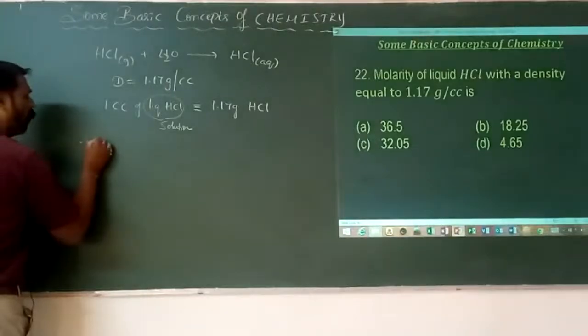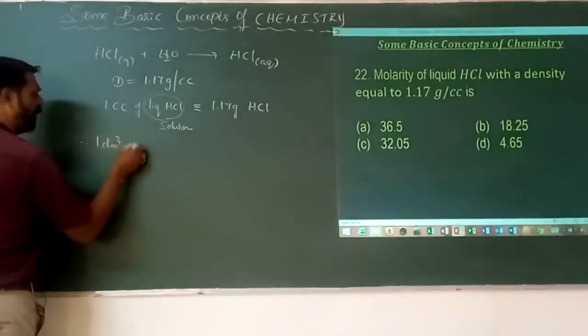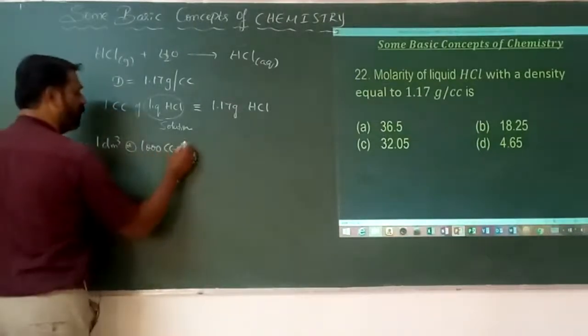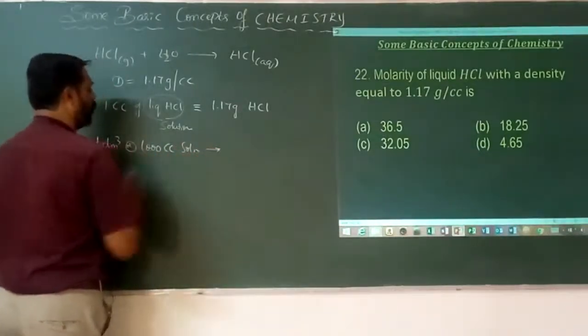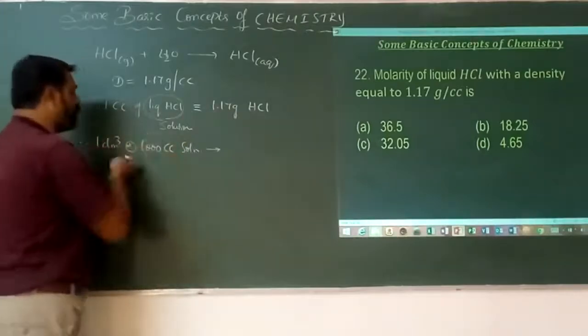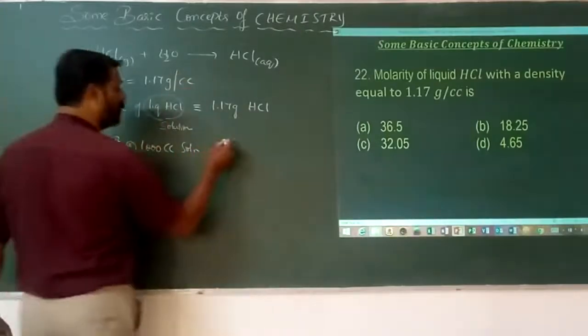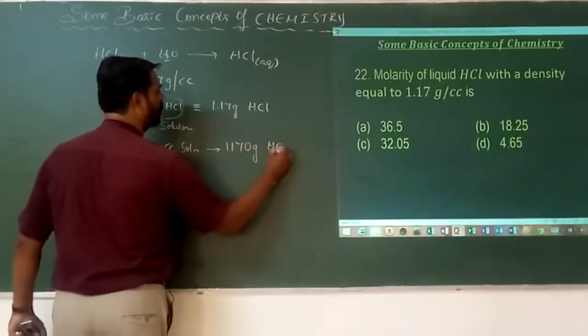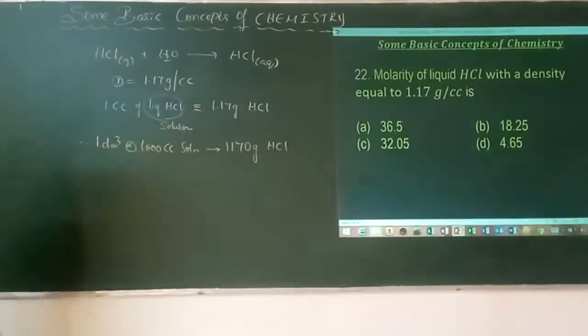Therefore, 1 dm cube, which is 1000 cc, is 1.17 into 1000, that is 1170 grams of HCl.